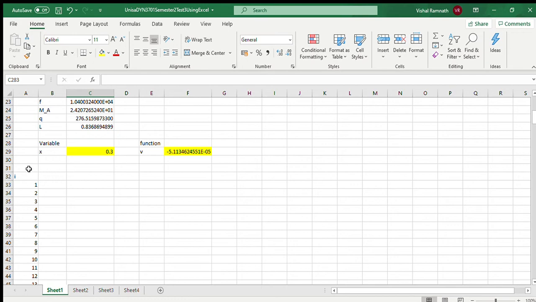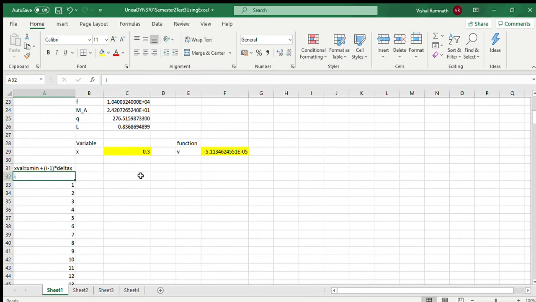If I use these indices, the x value would be equal to x minimum plus I minus 1 times the delta x. So that is the formula I'm going to use to increment it.